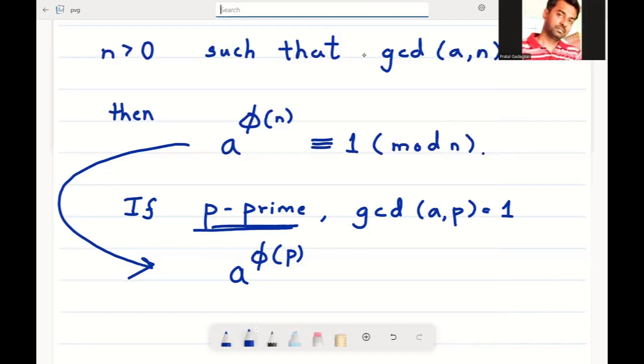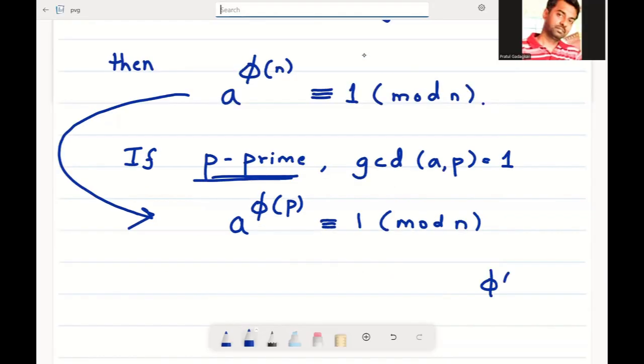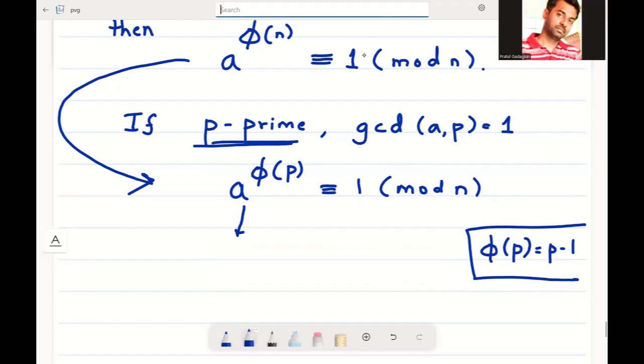But I know that if p is a prime, then phi of p always comes out to be p minus 1. This is what we discussed in the video on Euler's function. So this means that a raised to p minus 1 is congruent to 1 modulo p.